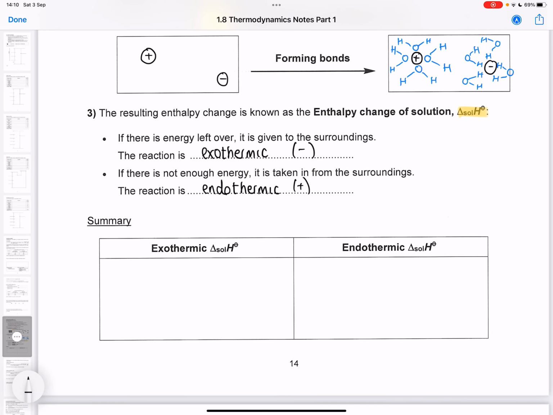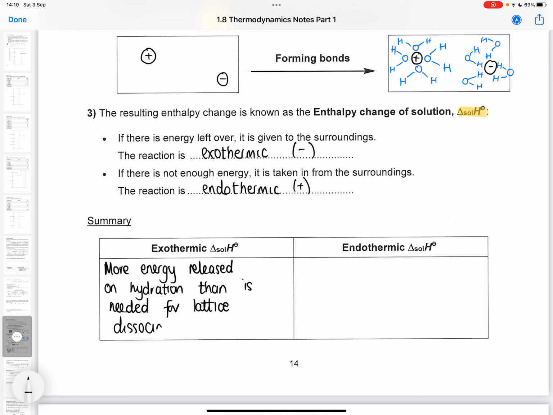So when we get an exothermic enthalpy of solution, we're saying more energy is released on hydration than is needed for lattice dissociation. And if it's endothermic, then less energy is released on hydration than is needed for lattice dissociation.